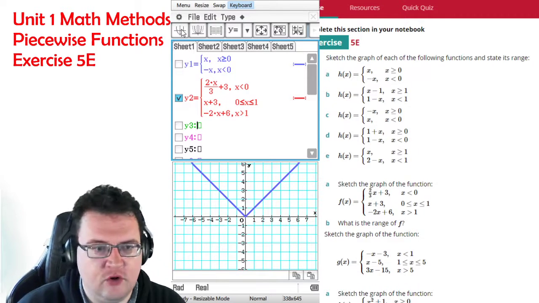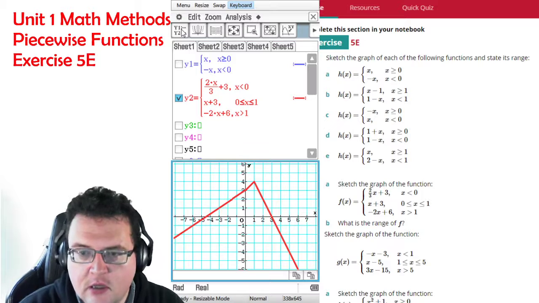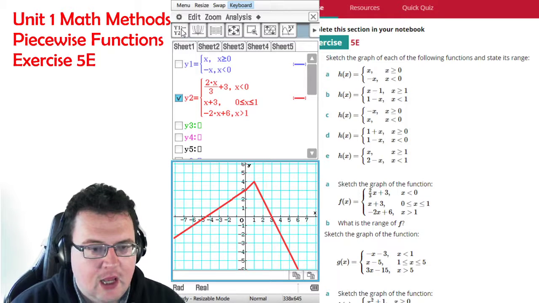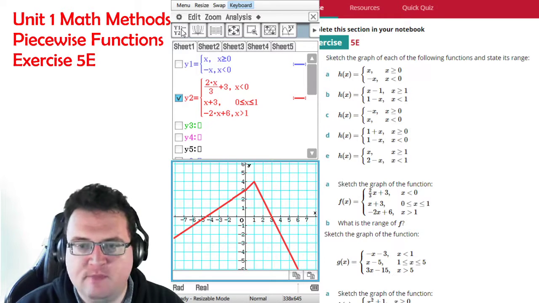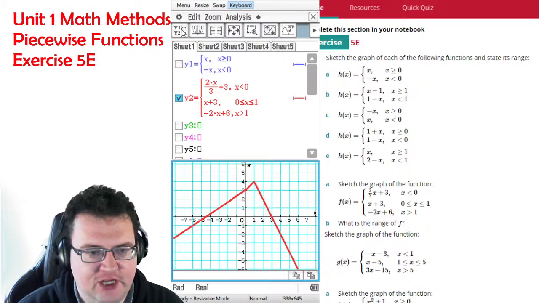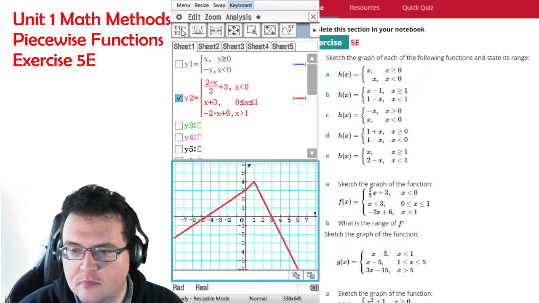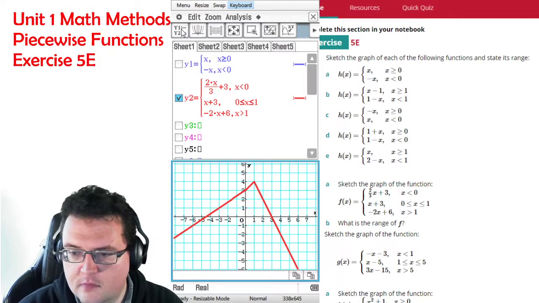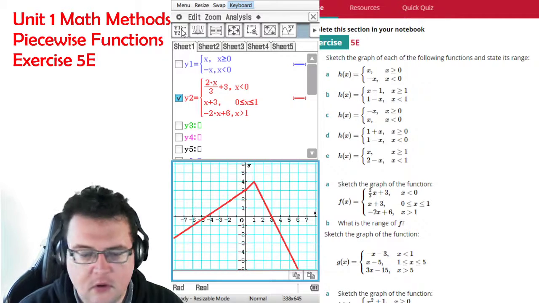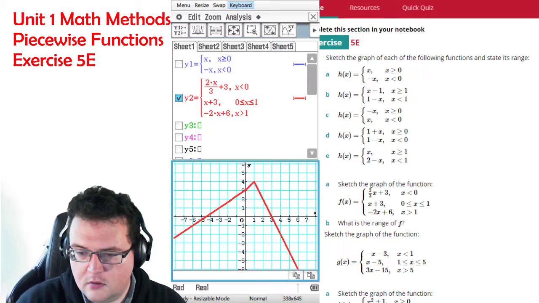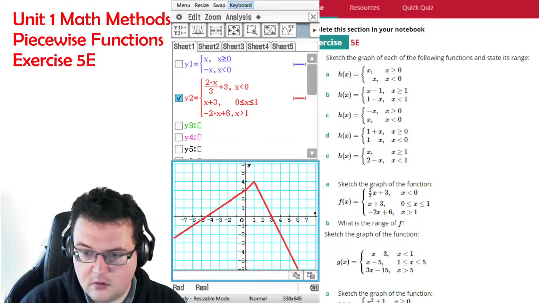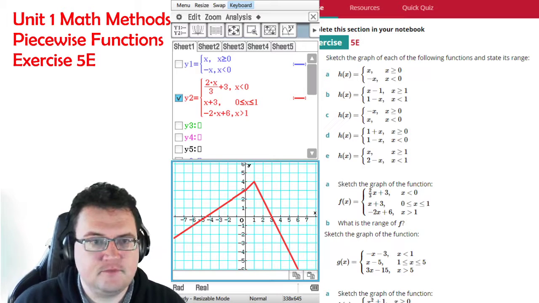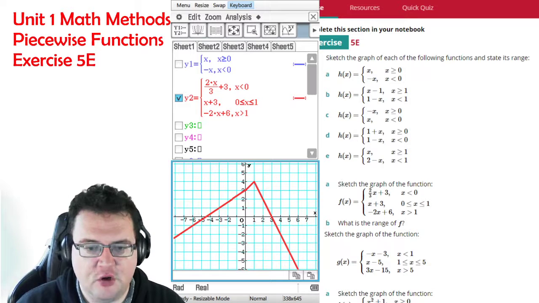Now, if we look at the next function that I've got here, what is the lowest possible value of y for the range on this piecewise function?